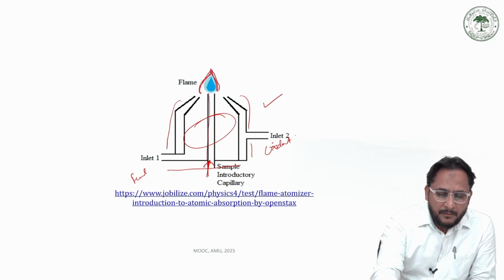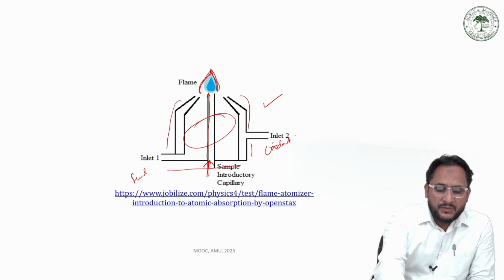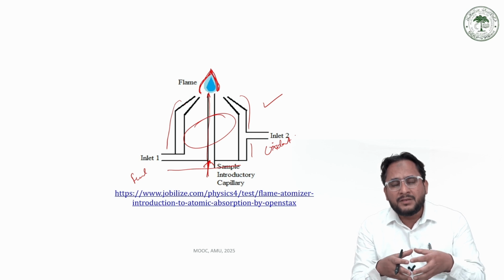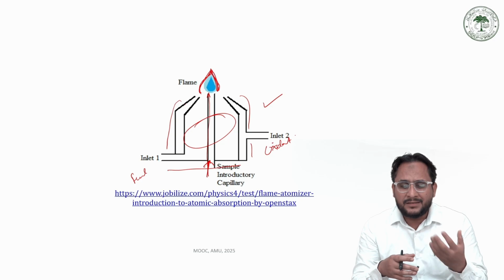The sample ejects out or elutes from this capillary type column from the middle, where we have the flame lighting up, and the flame burns the sample, vaporizes the sample, dissociates it into individual atoms, and finally excites those atoms.